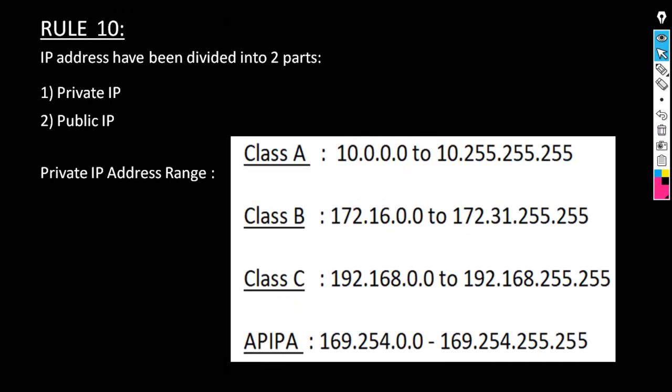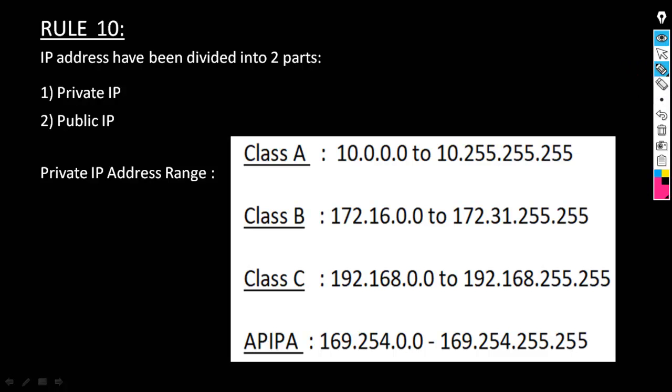Now we will talk about rule number 10, which is our last rule, which states that IP addresses have been divided into two parts. One is private IP and the other one is public IP.